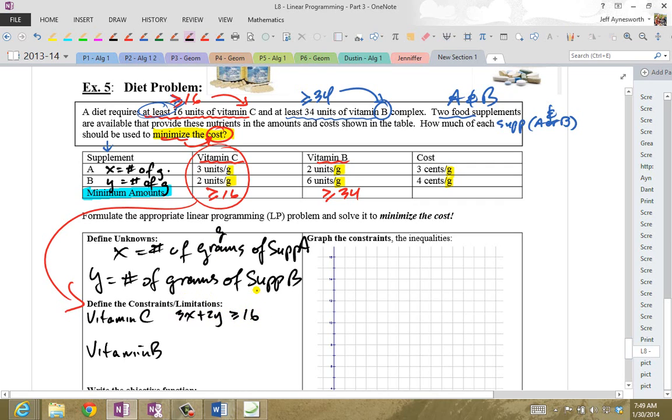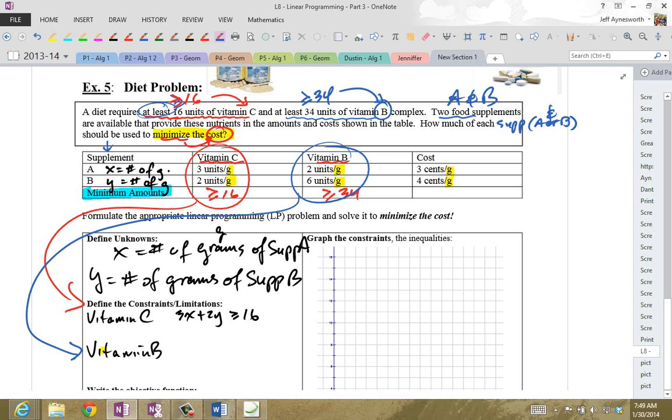That's our minimum. Now what we need to do is take a look at this right here and also translate that. We need to write a constraint on vitamin B, and we do it in the same fashion. We take the number of units per gram. Look up here. We've got 2 units per gram of vitamin B for supplement A. So we've got to take 2 times x plus what here? Everybody? Let me hear you.